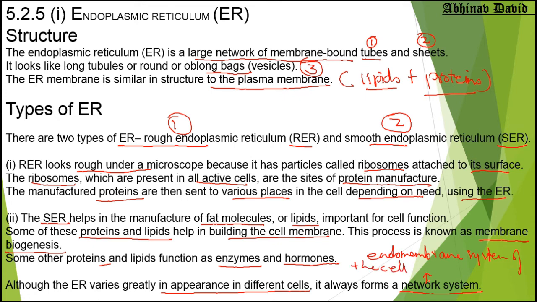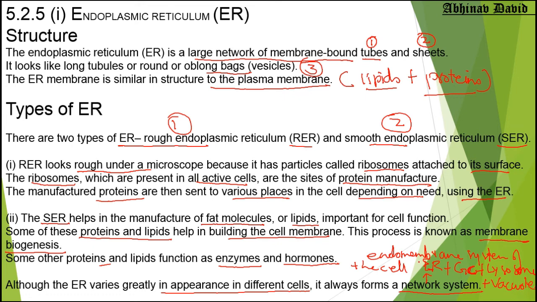Okay, so this network system is called the endomembrane system of the cell. Now what does this mean? Network means including many things. So the ER forms a network system. ER is a member of the network system, plus Golgi complex is also a member, plus lysosome is also a member, plus vacuole is also a member.